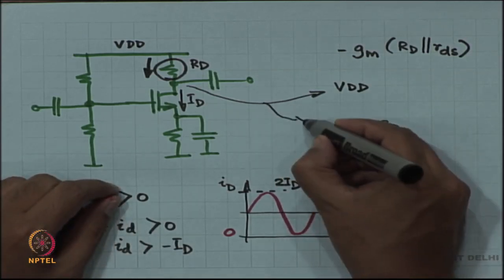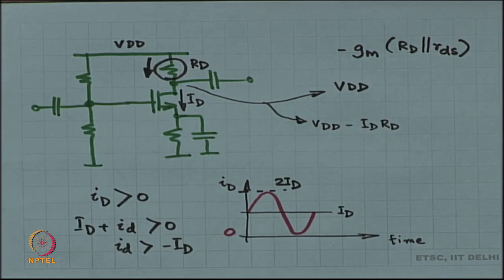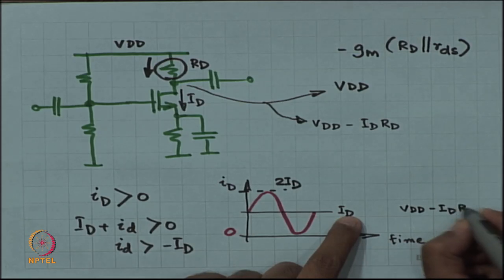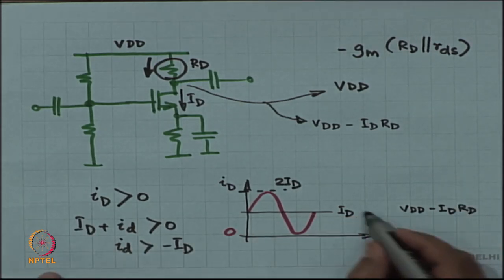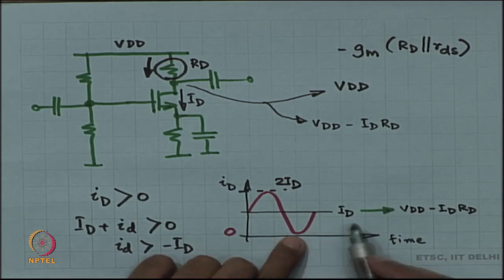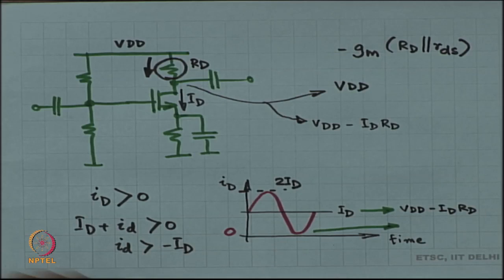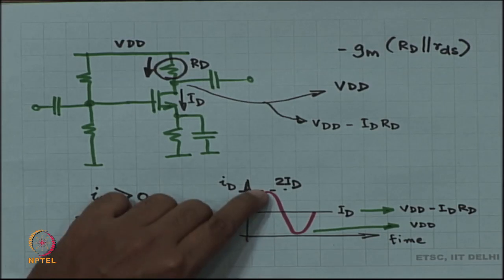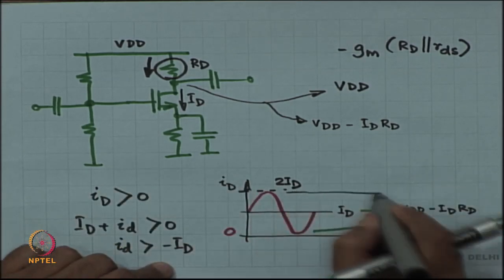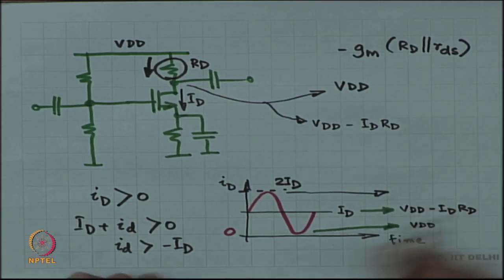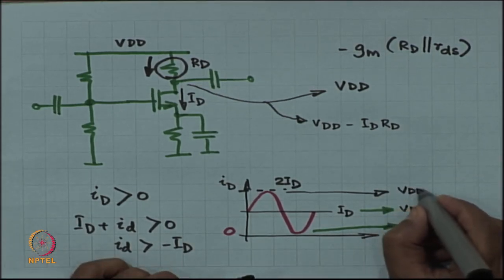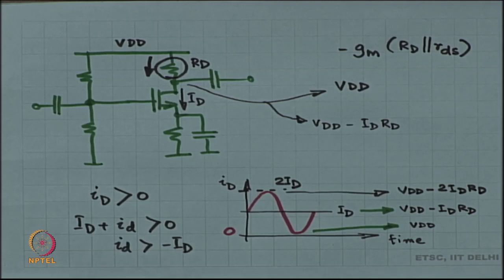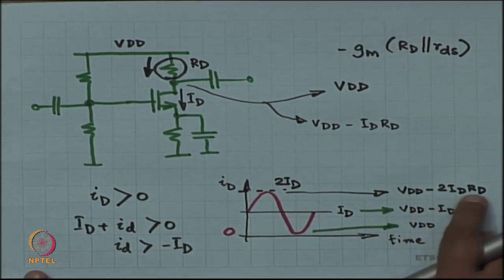And so this is the mean. So, at this point of time you have VDD minus ID RD as the voltage. When the current is 0, you have a voltage of VDD at the drain, and when the current is 2 times ID, you have a voltage at the drain of VDD minus 2 times capital ID RD.